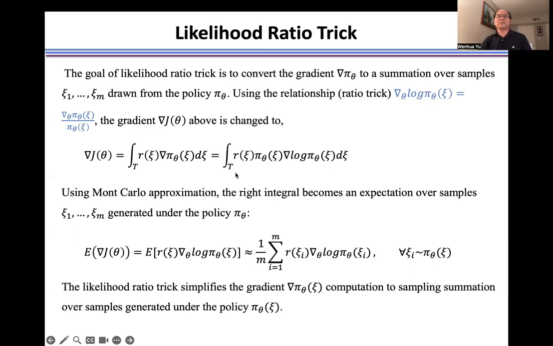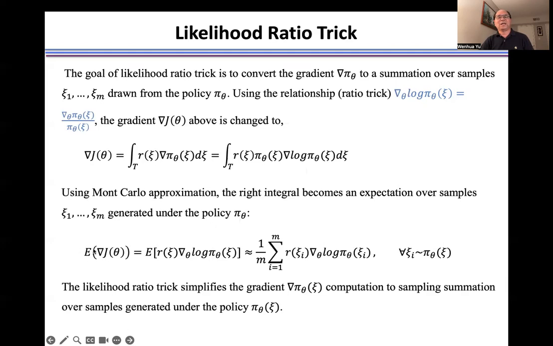However, we don't want to directly calculate this integral because it's too complicated. We would like to use the Monte Carlo approximation and change this integral to an expectation over the samples generated under the policy pi.